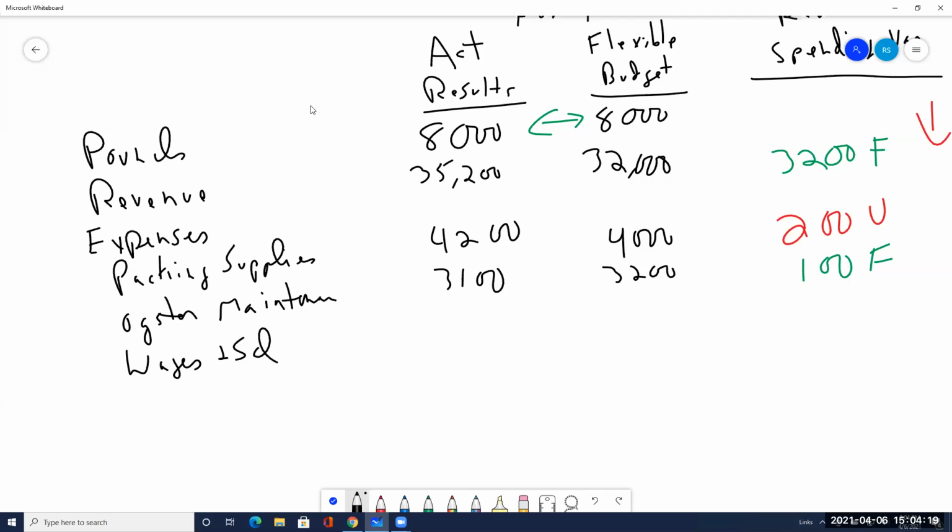And the actual amount spent was $5,640. The budget was $5,300. So that is $340 unfavorable. Okay, $340 unfavorable.